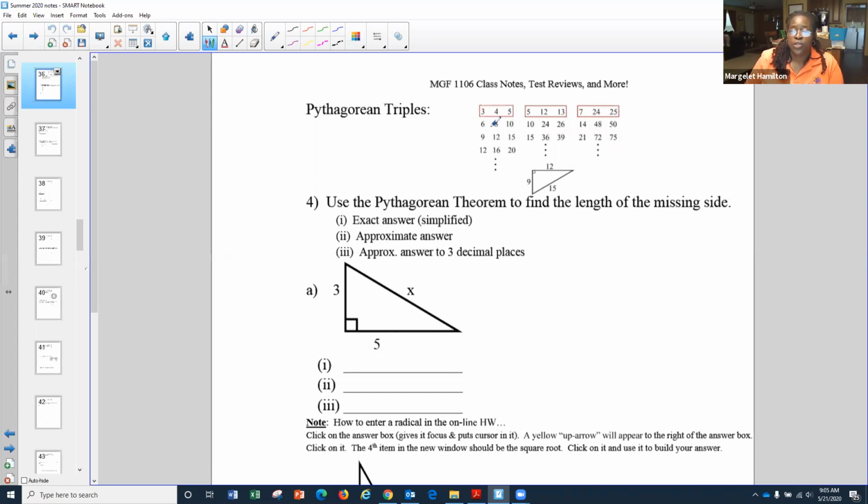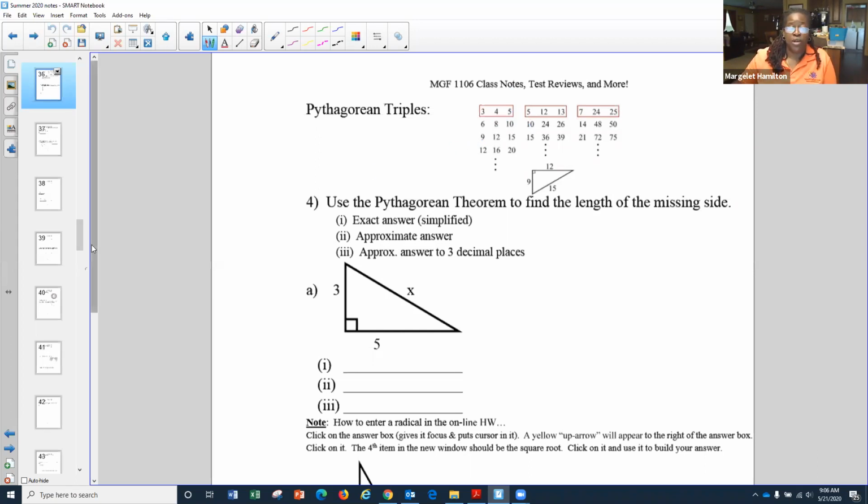As you go along, you'll see that these are some patterns, and they are generated. We will not ask you to generate these patterns. We will not ask you to memorize these patterns. If you know how to use the formula, you won't have to worry about these things. But if you want to become familiar with some of these patterns, at least the first one, which is our famous one, then that is fine.